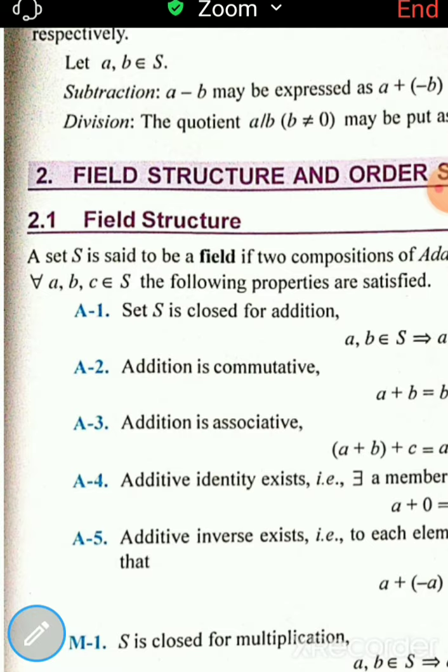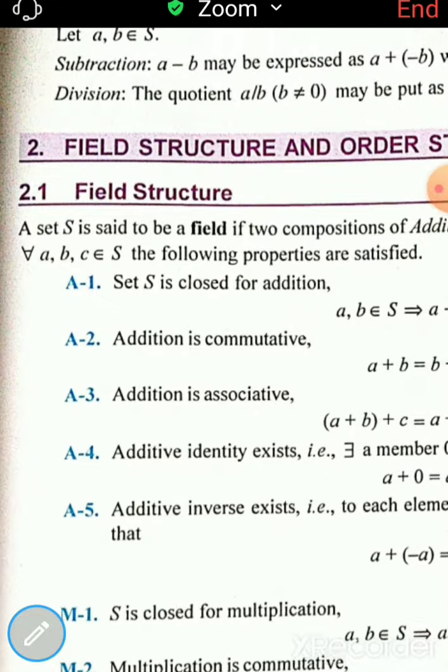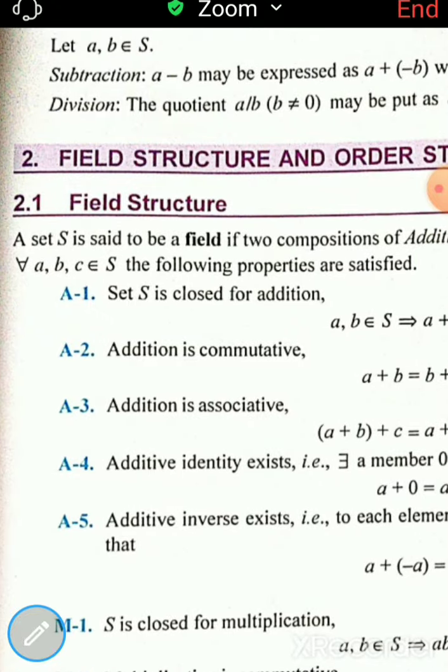Otherwise, if it is empty, then it satisfies all the properties. So that's why usually we have to collect a non-empty set S. So assume that S is a non-empty set. It contains some elements. So if you choose any three elements from set S, and if that set satisfies these properties, which I will tell you, then we can say that it is a field.